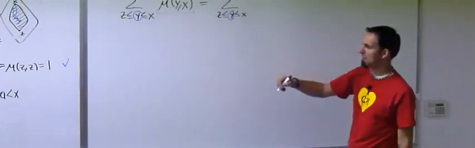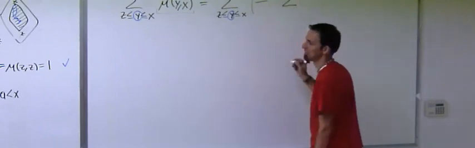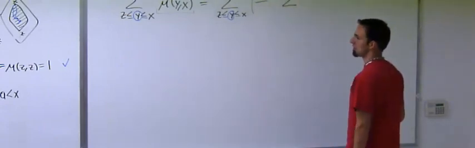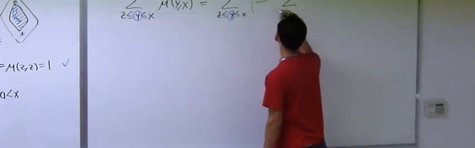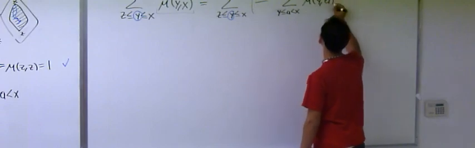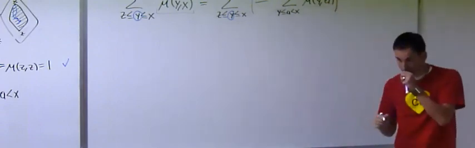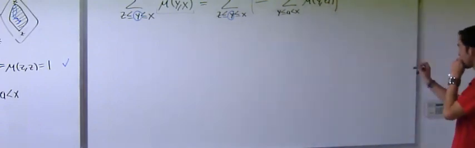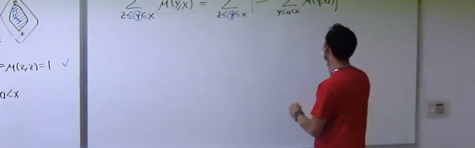Mu of y comma x is minus the sum, for y less than or equal to a less than x, of mu of y comma a. And it's a we're summing over now.